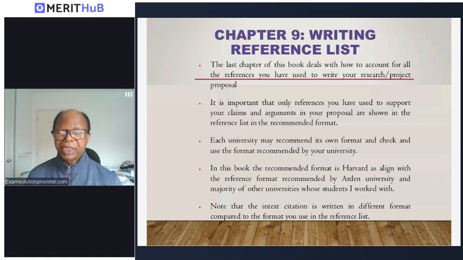So if there are 20 different references you have used in the document, there must also be 20 in the reference list. And the way you write them must be exactly the same. So do not start with a different name in the text compared to the one in the reference list. They need to start with the same name, so it's easier for us to check.